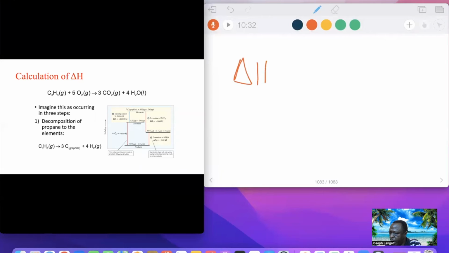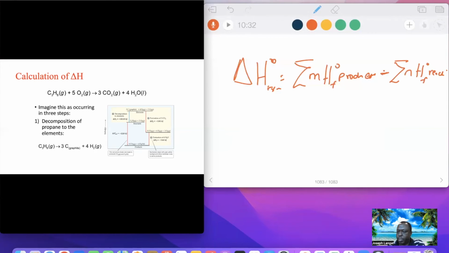The standard enthalpy of reaction is given by the summation of m times the standard enthalpy of formation of products, minus n times the standard enthalpy of formation for reactants. So it's products minus reactants. This means summation, all right? You sum.